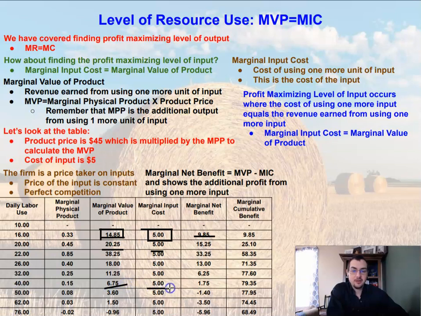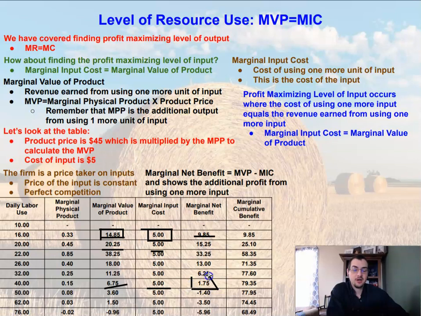And again, we're not going to hit it exactly right. But here, the marginal value of product is $6.75, and our cost is $5. So we earn $6.75, but it's costing us $5. Are you going to increase production? Well, yeah, you're going to increase production because you still have that marginal net benefit right here.